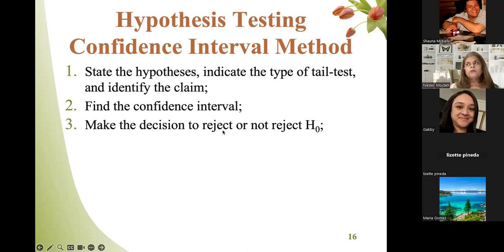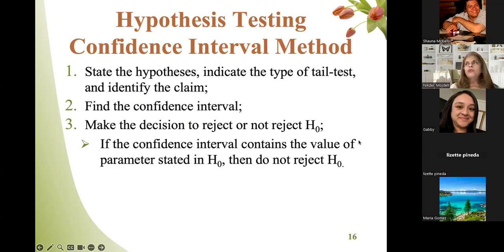Then you have to make a decision to reject or not reject null. How do you do that? If your confidence interval contains the value of the parameter stated in the null sentence, you do not reject null. So you find your confidence interval. If the value of the parameter from the null sentence is inside your interval, between the left bound and the right bound of the interval, you do not reject null.